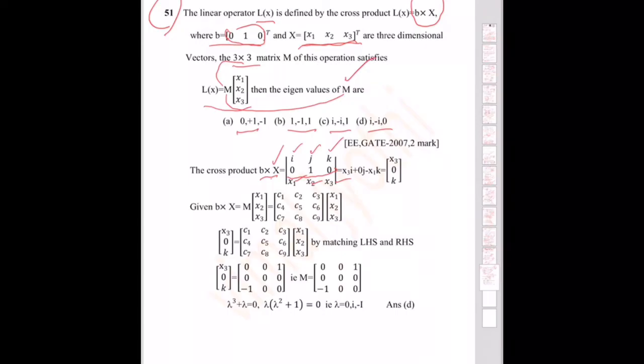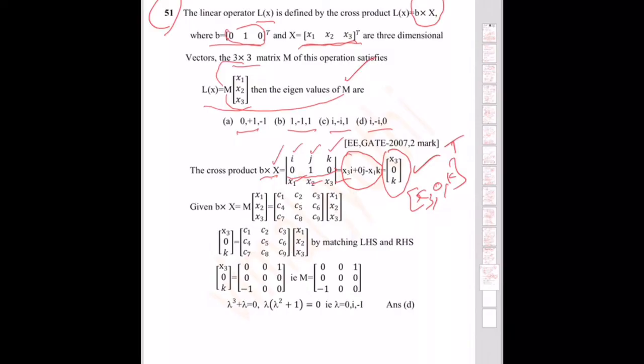That is equal to this, x3, 0, minus x1, the transpose. That is the cross product B cross X equal to this.